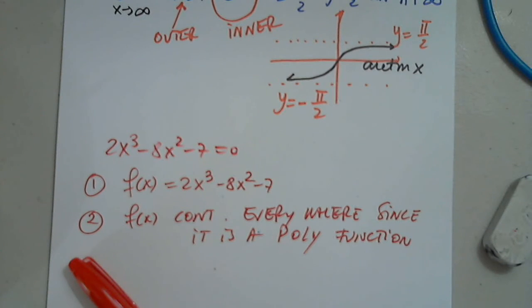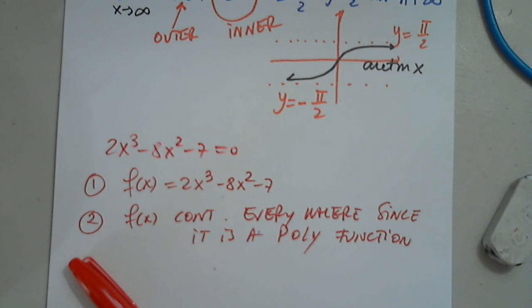So go to y equals, clear if you have anything else in there, and plug in the function 2x cubed, and then minus 8x squared, and then minus 7.